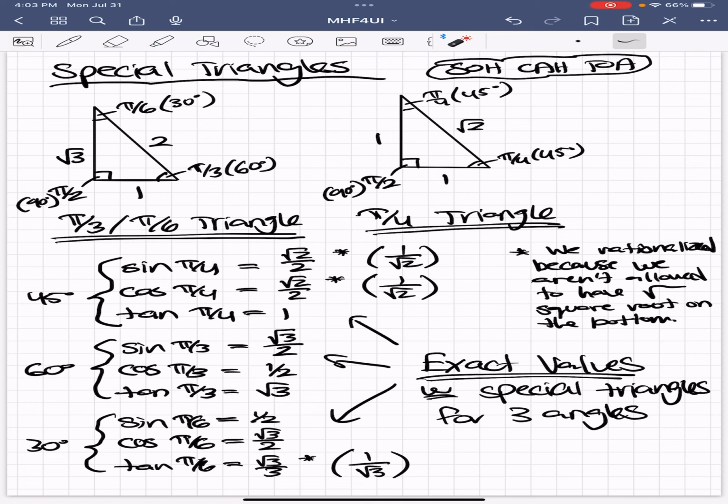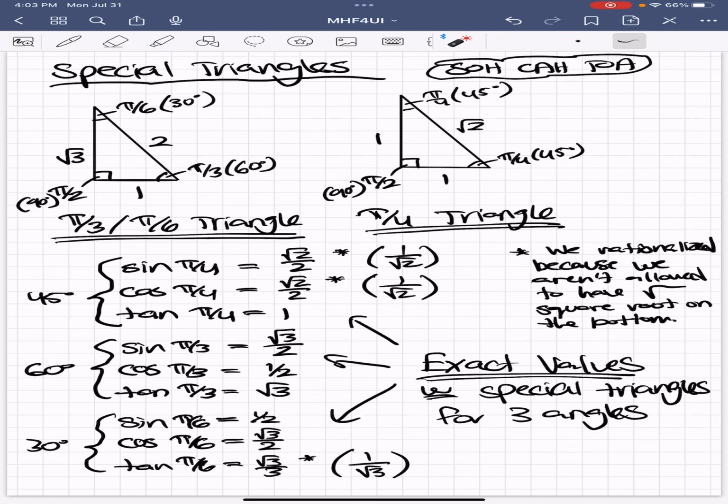Root 2 multiplied by root 2 over 2. So that's how we got root 2 over 2 for pi over 4.